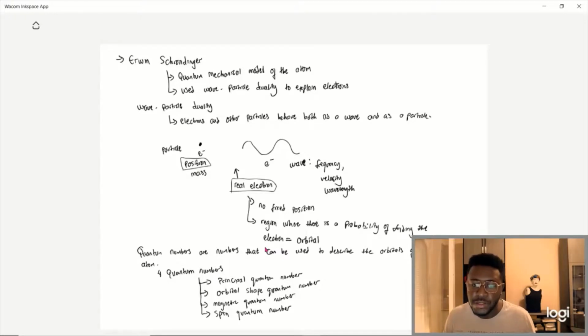Out of these four quantum numbers, the first three describe the orbital. The orbital is the region where there's a probability of finding the electron. The last one describes the electron specifically.